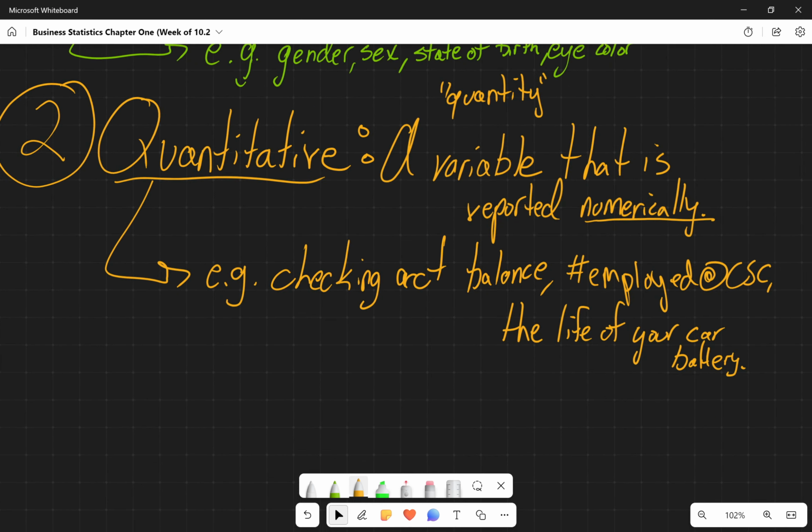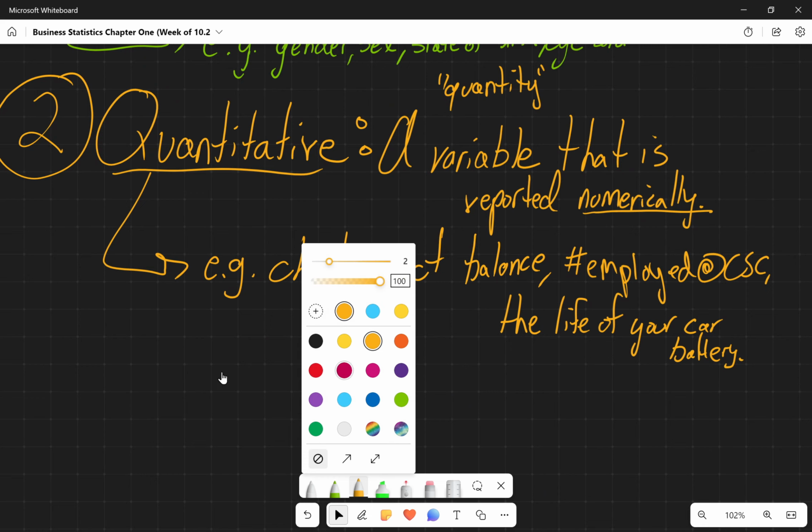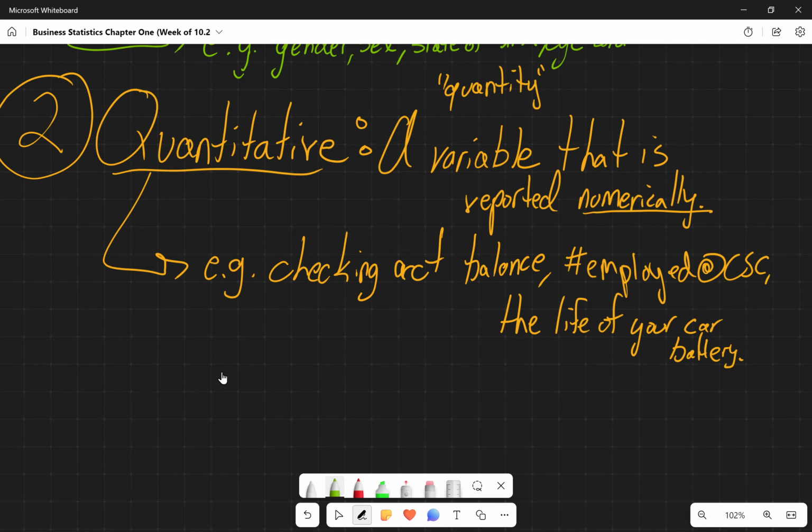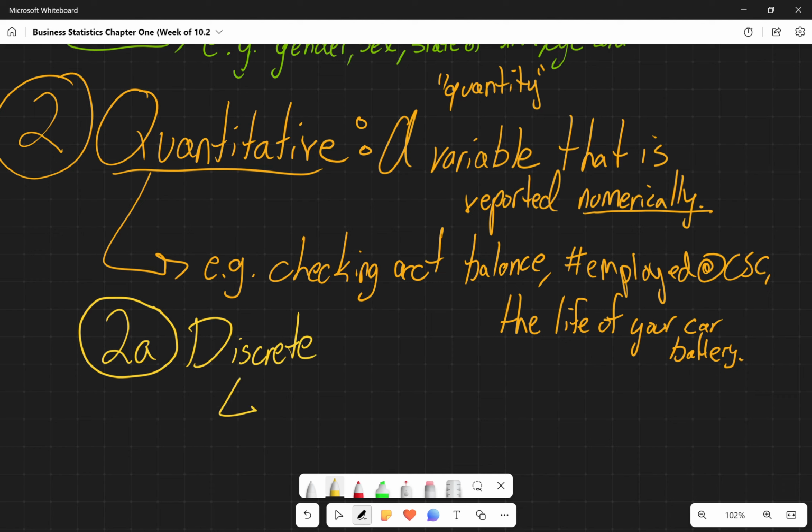Now within quantitative variables, we can break those up into some discrete variables, which are typically the result of counting.